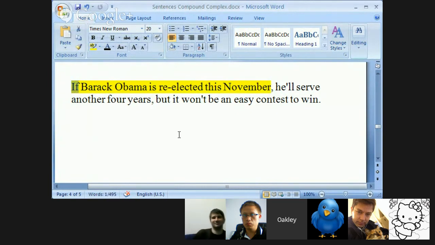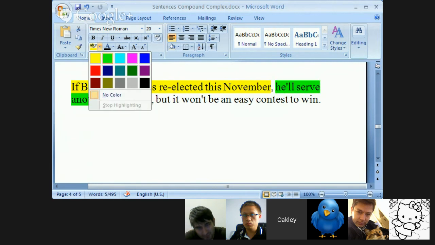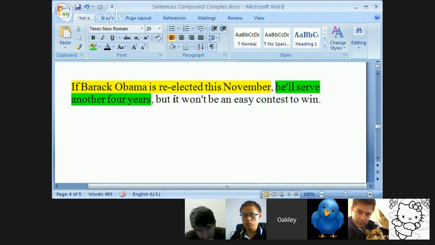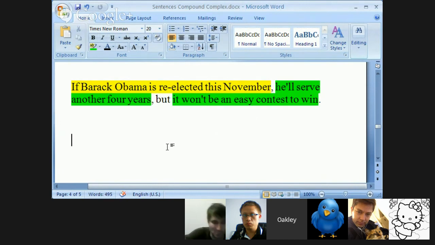"So he will serve another 4 years" is independent. Then we have a coordinator. "Then it won't be an easy contest to win" is independent. This is fairly straightforward. Okay. Very good.